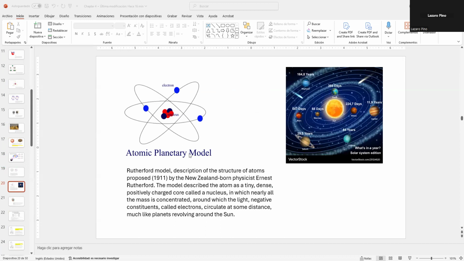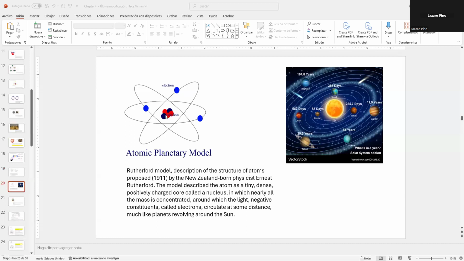The atomic planetary model was proposed by Rutherford. He compares the atom with the model of the solar system. As you can see here is the sun, and around the sun we have the planets.